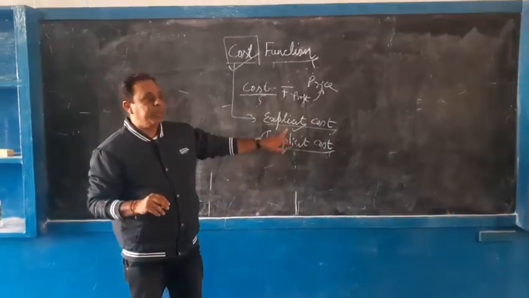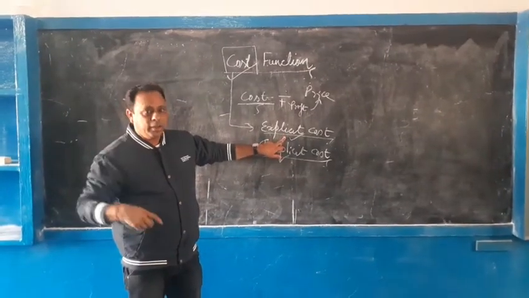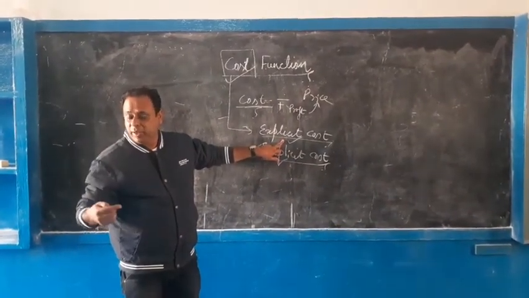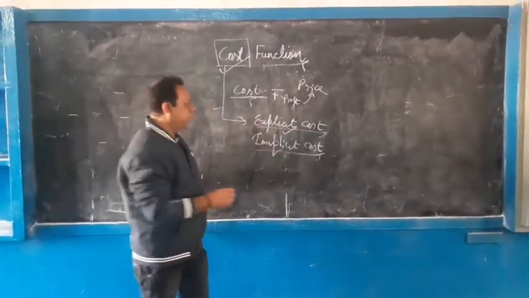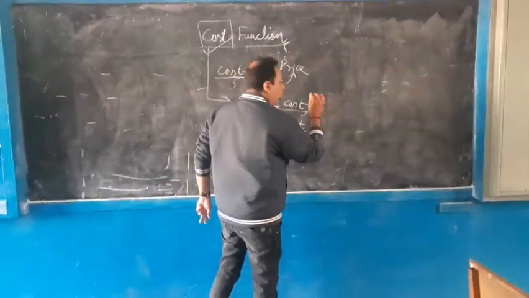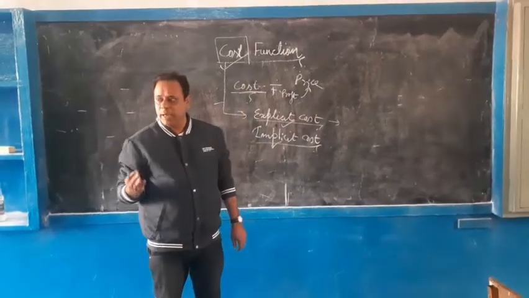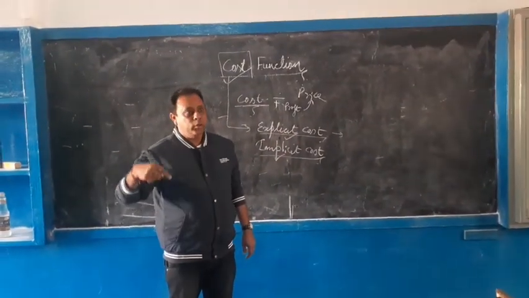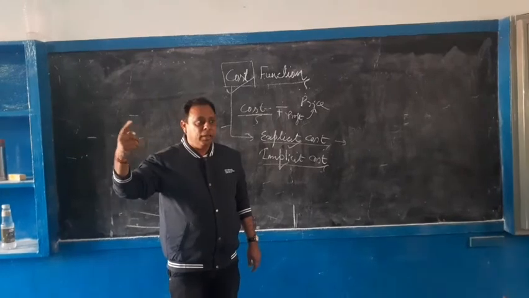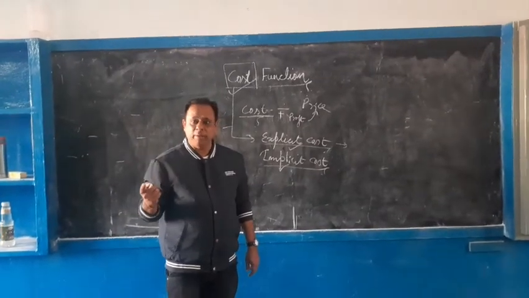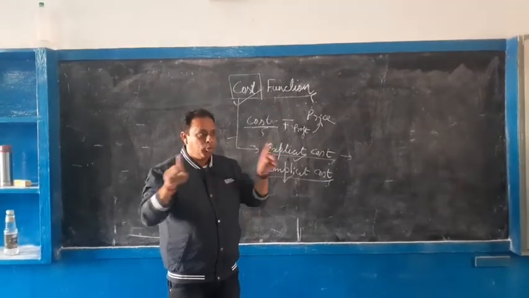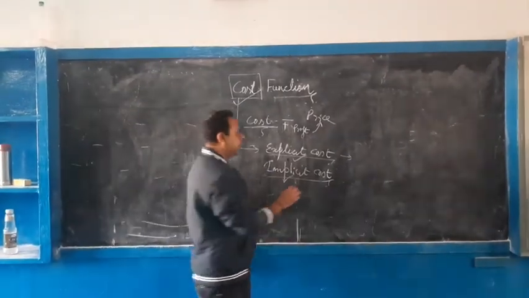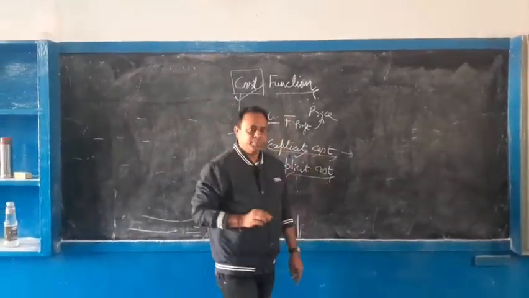Explicit cost is that cost which we pay, which we give to the outsider sources. For example, in your school you have organized an annual function or anything, and to the tent people, to the catering people, if some amount has been given, they are the outsiders, but it will be included in the overall expenditure. So it is explicit cost.